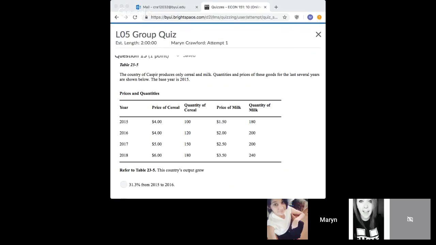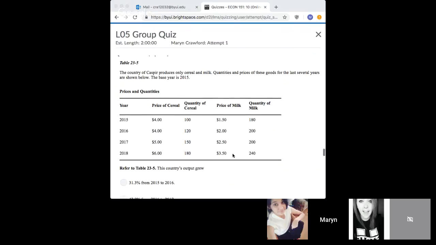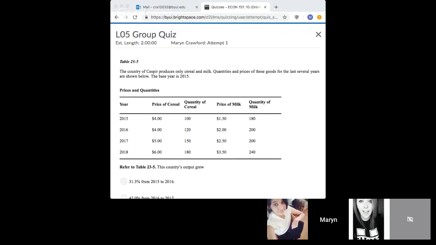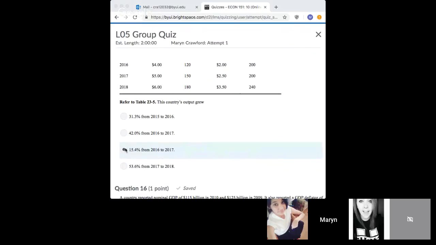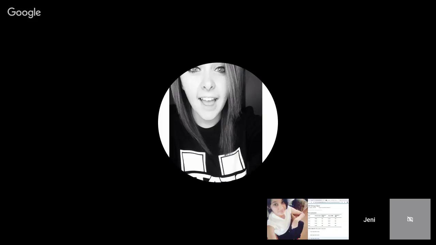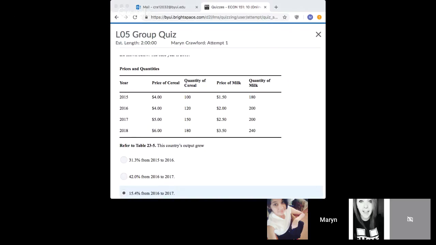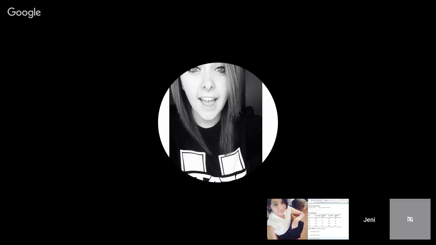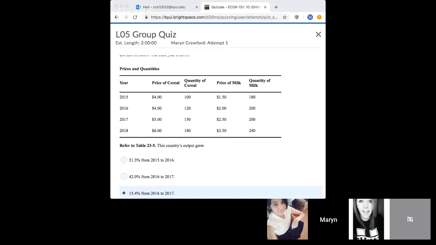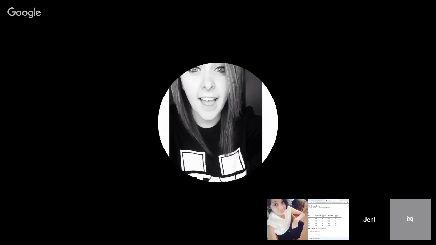I spent like an hour and a half trying to figure this out earlier. Okay. So we think it's 15.4, but we just don't know why we think that, right? Okay, so if we use that formula, I'm wondering, in the instructions, it says the base year is 2015, right?